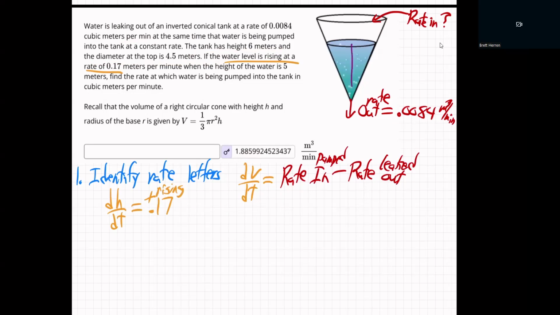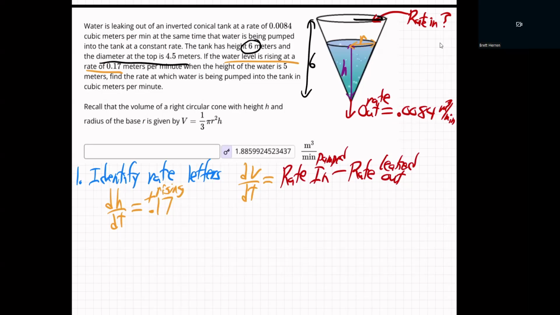We have the height of the water, and right here we have the radius of the water. We know the overall height, they told us, is 6, and the overall diameter of the top is 4.5.